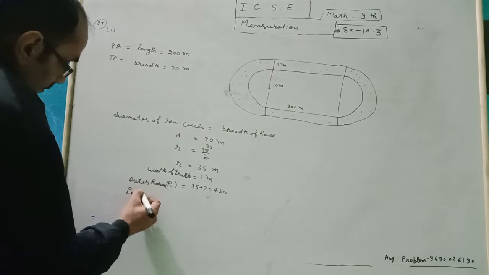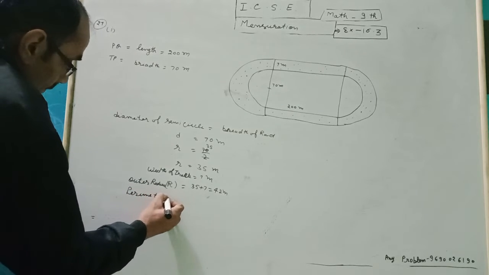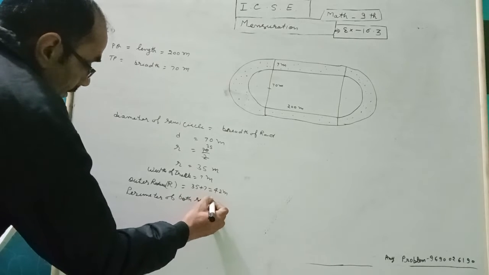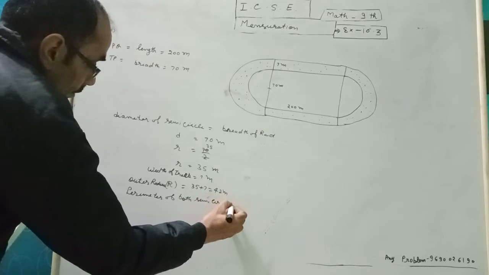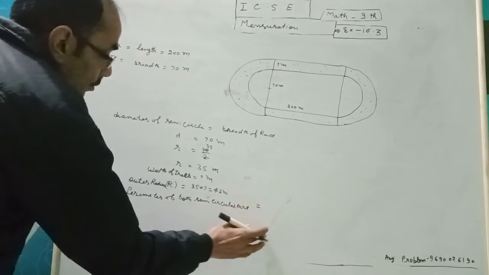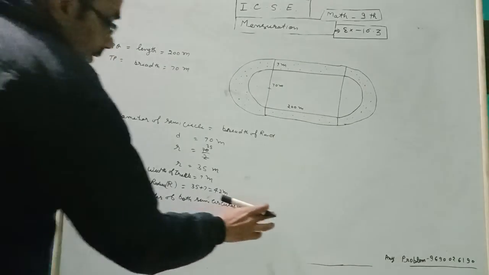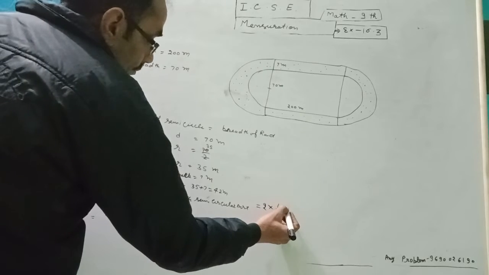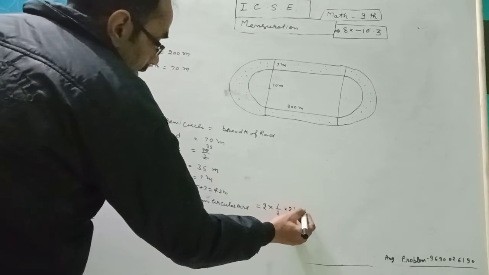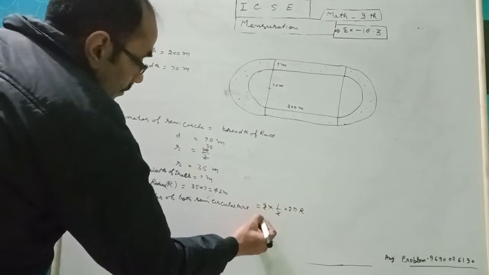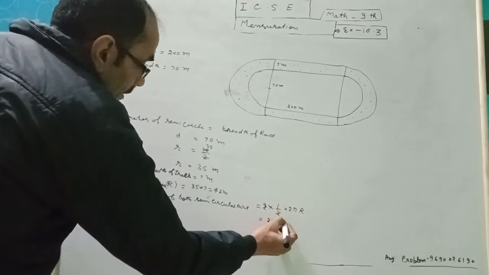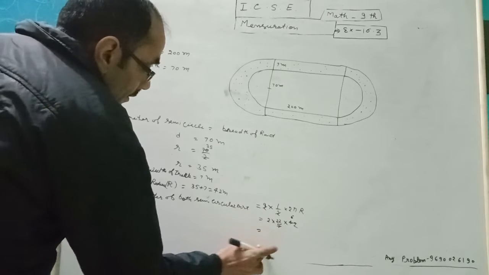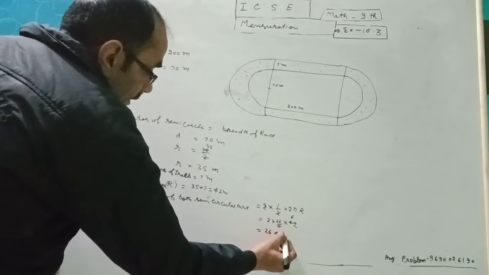Perimeter of both semicircular parts is 2 into 1 upon 2 into 2 pi capital R, which is 2 into 22 upon 7 into 42, giving 264 meter.